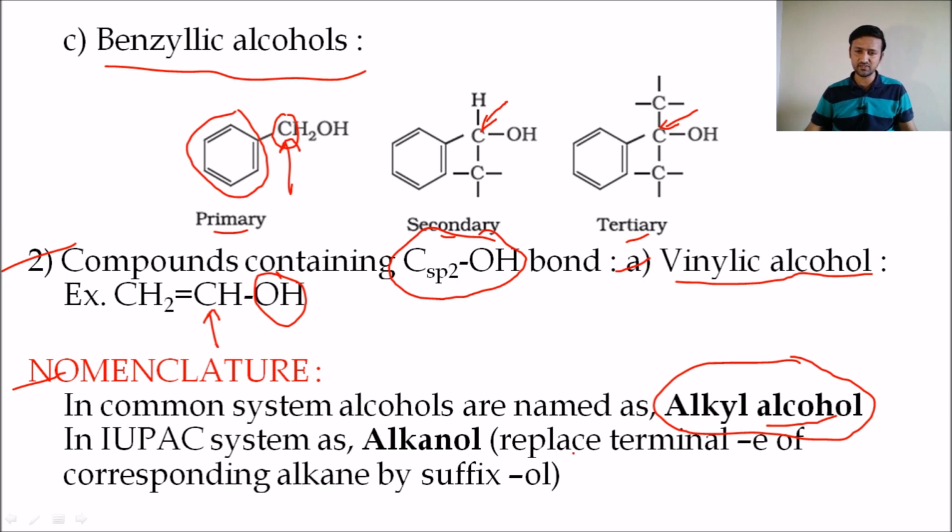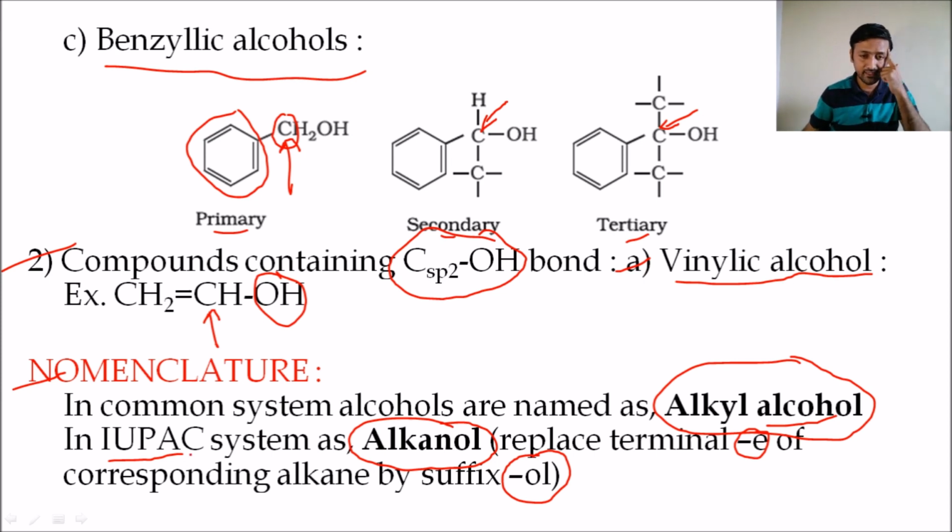In the IUPAC system, we name them as alkanols. How do we get this alkanol? At first we write the corresponding alkane and replace the terminal E of that alkane by the alcohol suffix, which is OL. So these alcohols are named as alkanols according to the IUPAC system.